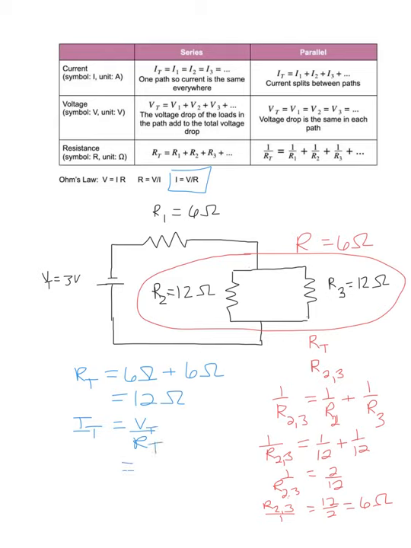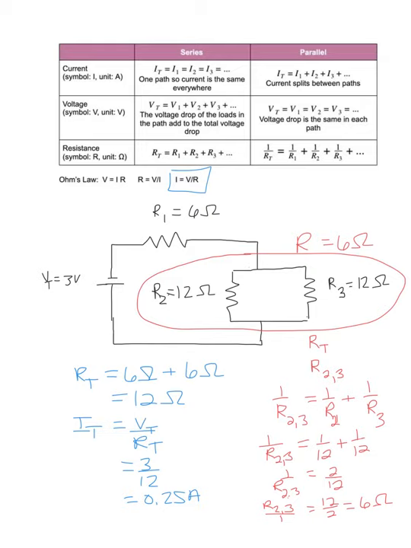So that's going to be 3 over 12, or 0.25, which is the same as our last example, because in our last example we did have a 6 ohm and a 6 ohm resistor. And that gives us the same current.